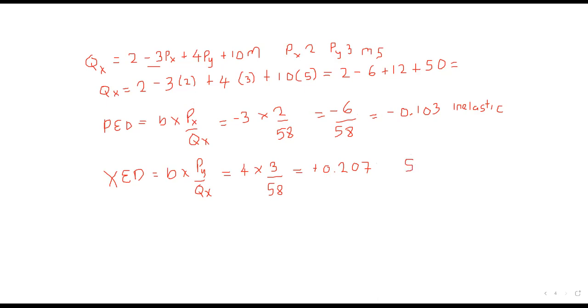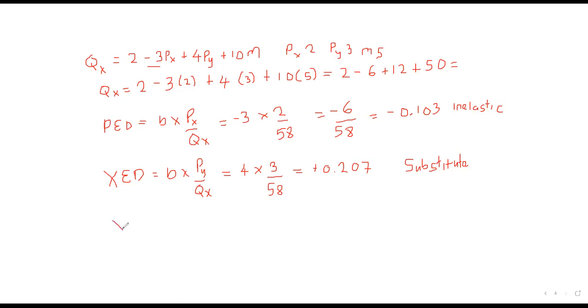Great. Because elasticity of a substitute good is what? It's positive. Right. You can also see it from the signs. If this good and this good have the same signs, they're complementing each other; if opposing, they're substituting.